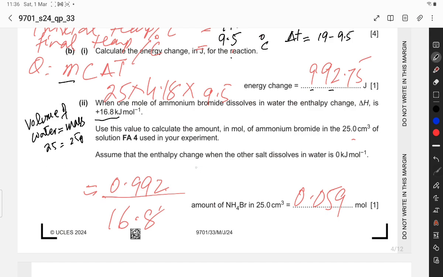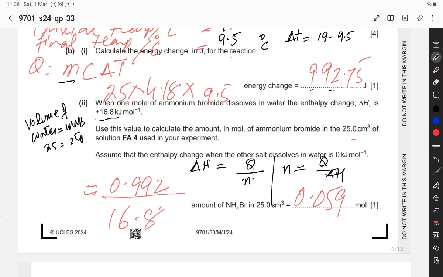So we know that ΔH is equal to Q over n, and if we want to find the moles, n is equal to Q over ΔH.